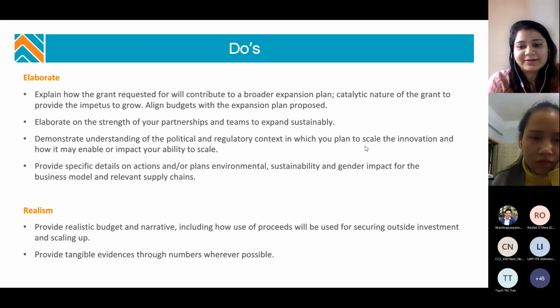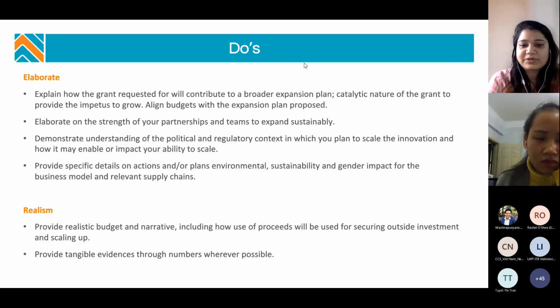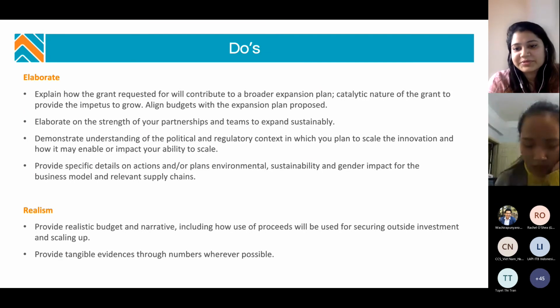These are just guiding pointers, and provide specific details on the ESG sections. And the third bit to keep in mind would be to keep the budgets realistic, to keep the budget narrative realistic, and provide tangible evidence through numbers or data wherever you've collected that or wherever it's possible.